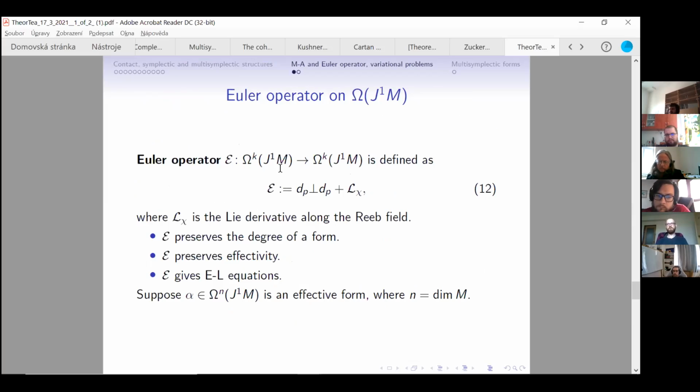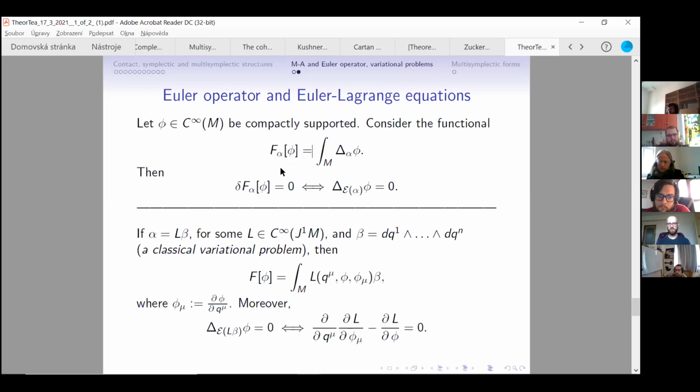You have a partial differential equation which is defined for coordinates on M. You can consider the first prolongation of the equation to the J1M, and then you can ask for a differential form which represents this prolonged equation. And then you can find a unique representative of this equation. And then you have an operator which from every given n-form produces such an n-form that these two equations are satisfied.